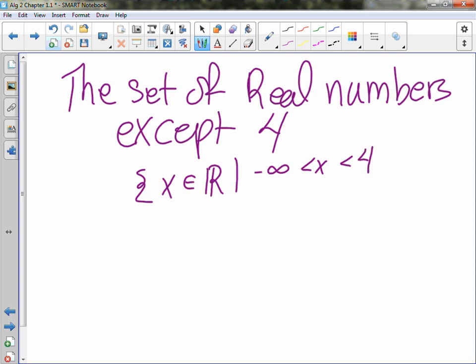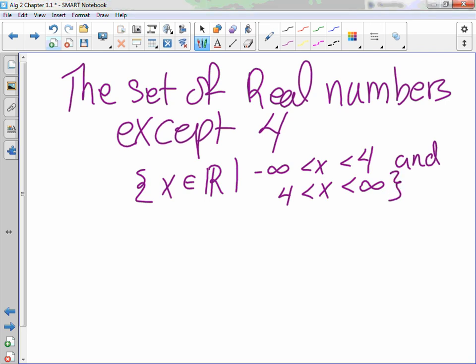So this right here is telling me all the numbers that are smaller than 4, yes? And we'd also have what? 4 is less than. How many of y'all think there's probably an easier way to write this? Yes?